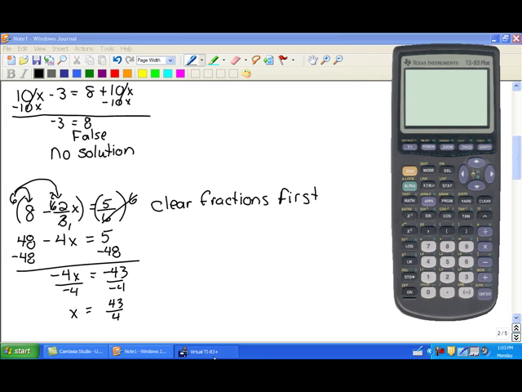We can check this one on the calculator. If we go into the original problem and substitute in 43/4, we'll have 8 minus 2 divided by 3 times our x, which is now 43 divided by 4, and hit enter.